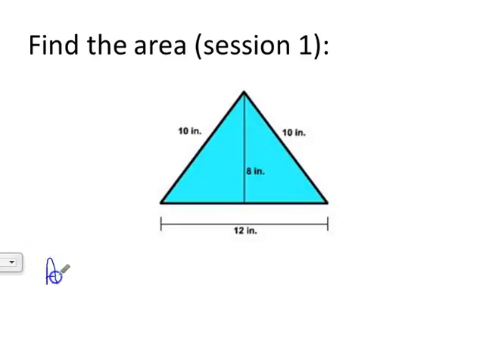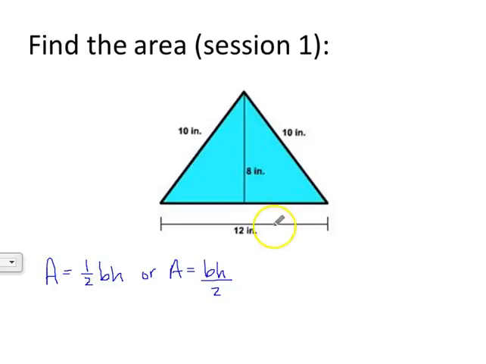All right, we know the area is 1/2 base times height. Or you can write it as the area is base times height divided by 2. They mean the same thing, so whichever makes more sense in your head, you can use either form. You're going to get the same answer. So what is the base?